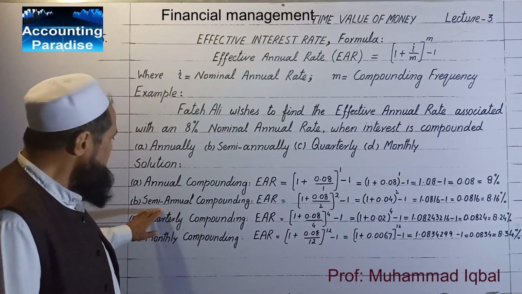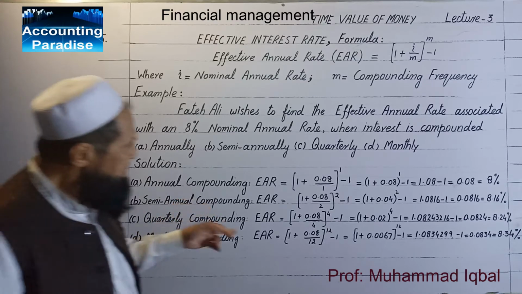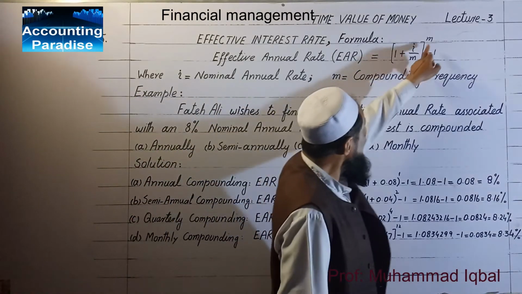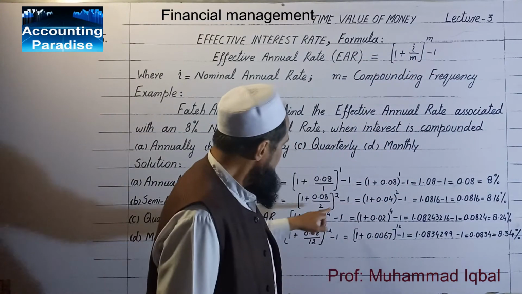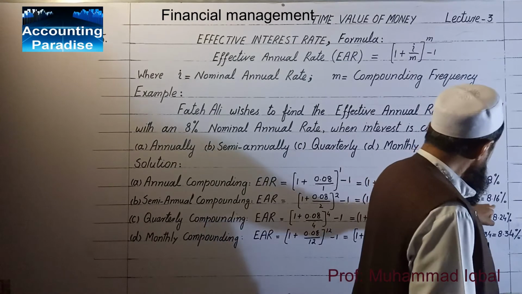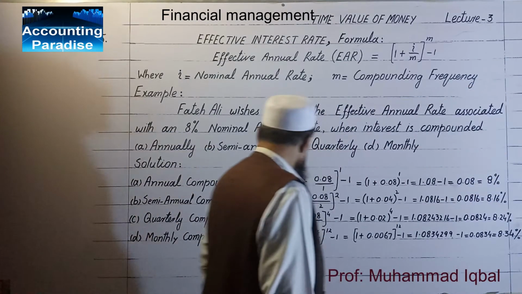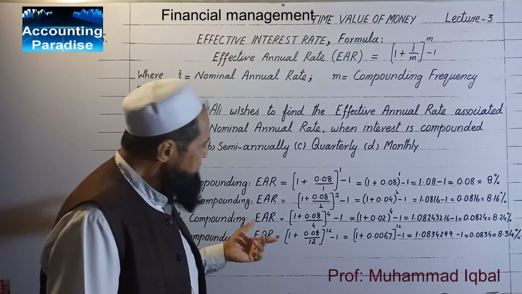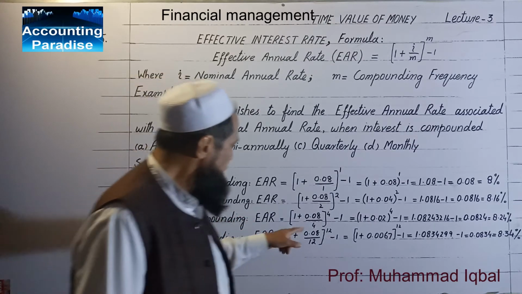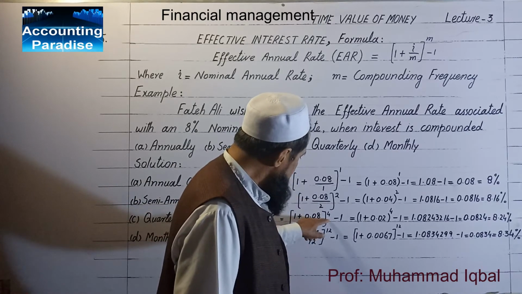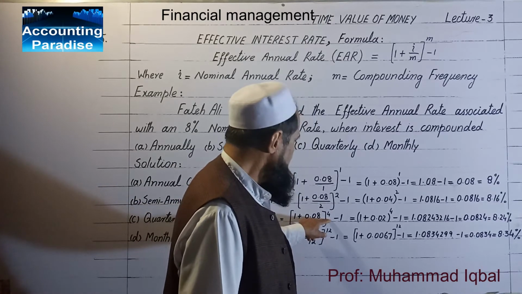When semi-annual, 2 times in the year, divide by 2 and raise to the power 2, minus 1. This comes to 8.16%. The same way, the quarterly compounding 4 times in the year. Now we will divide the rate by 4 and the power will be also 4.